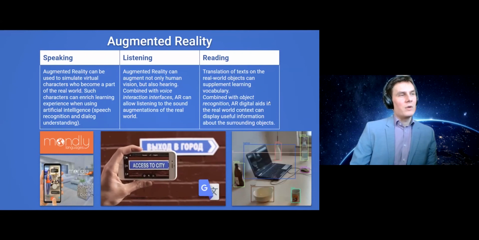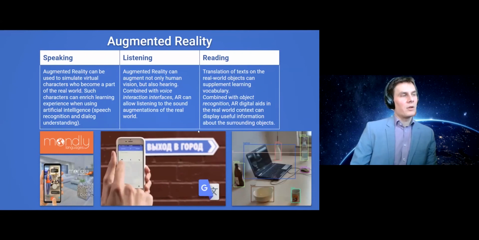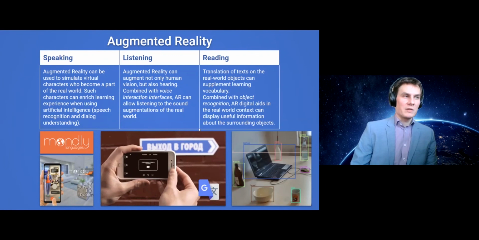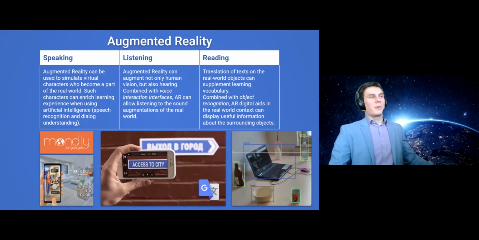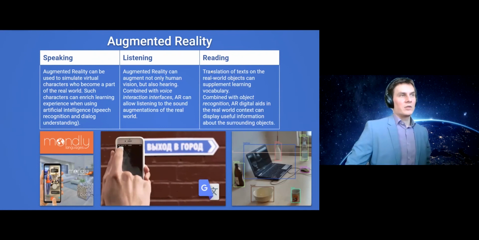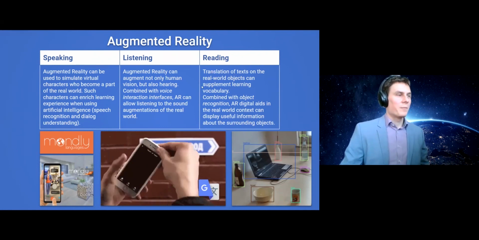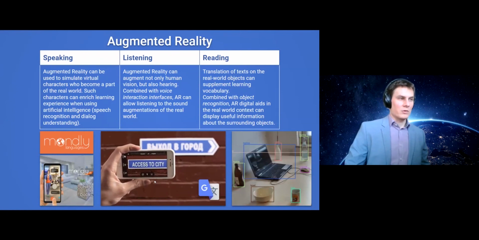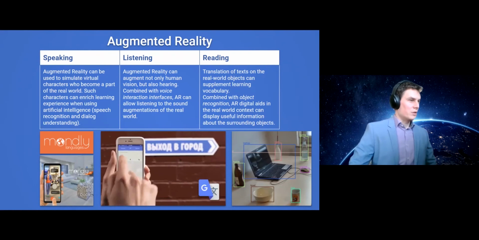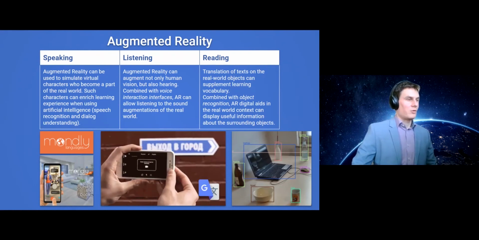And in reading, and that's a bit closer to the best practice that is available today, augmented reality can provide translation of text that is on real objects, and you see how Google Translator can help you with that. And if you didn't know about that function, you can try it right away now.